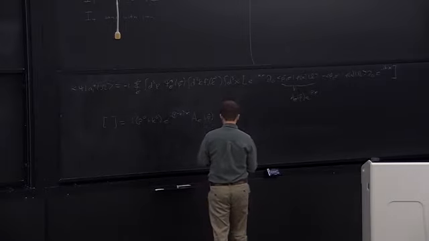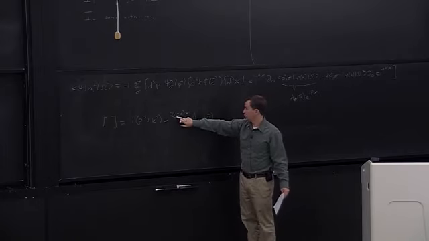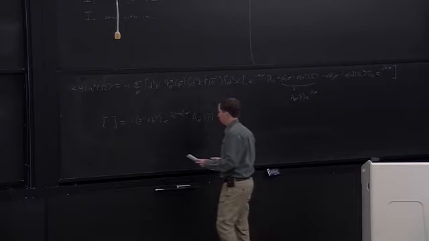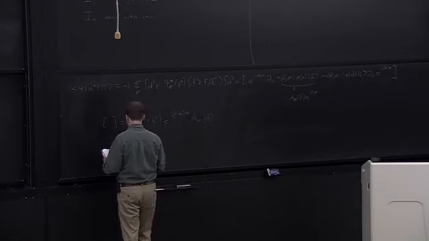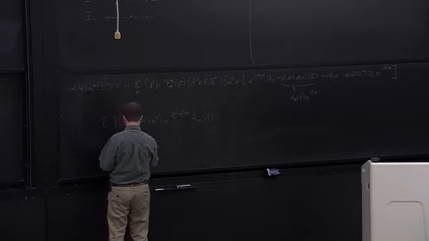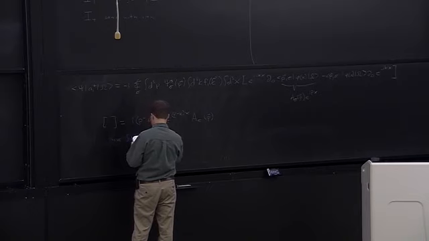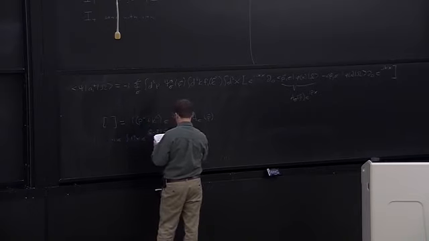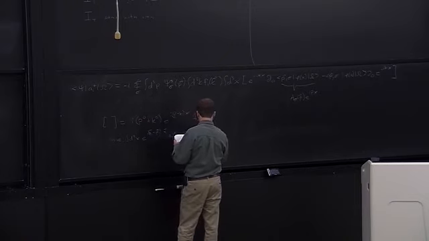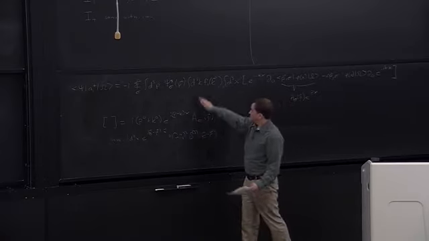The x integral is just going to give us a three-dimensional delta function: integral d3x e to the i k minus p dot x is 2 pi cubed delta 3 of k minus p. And that will let us do the k integral.